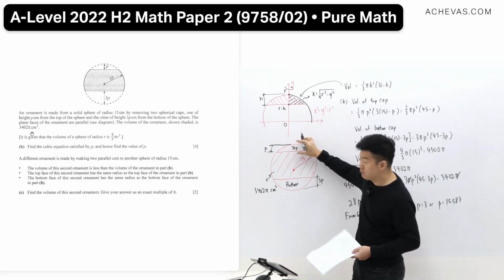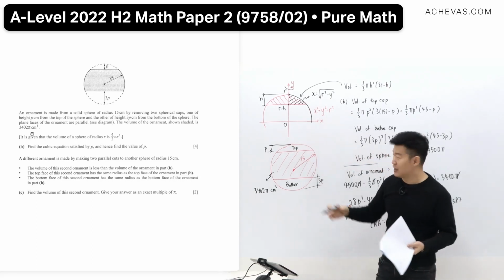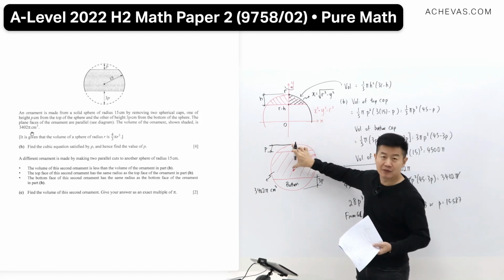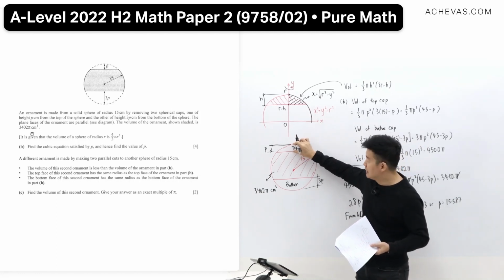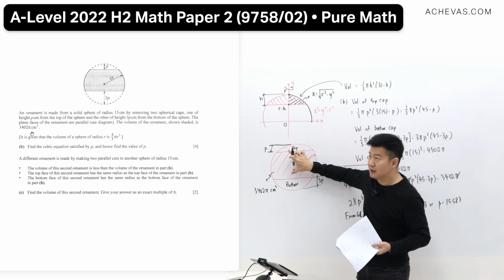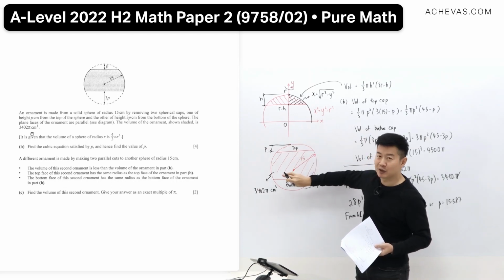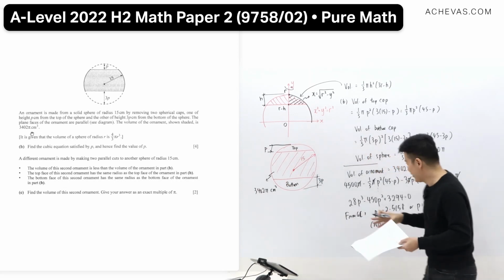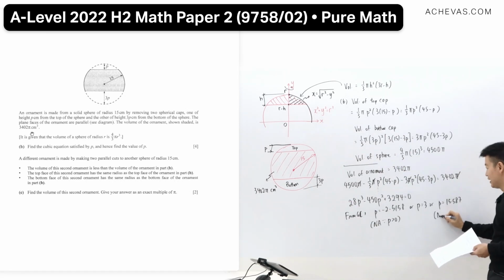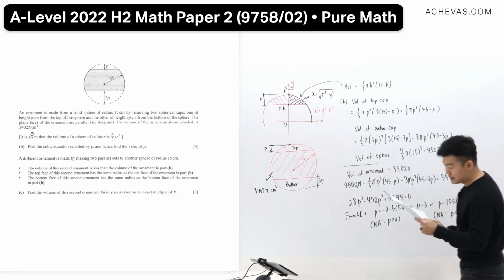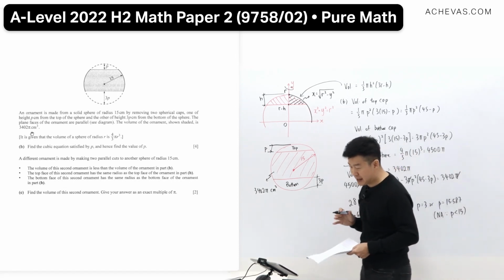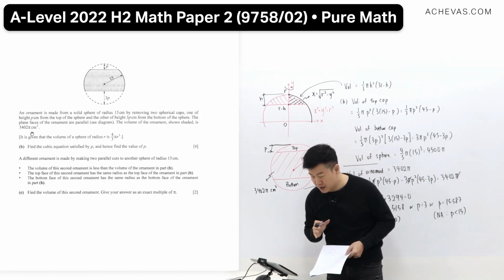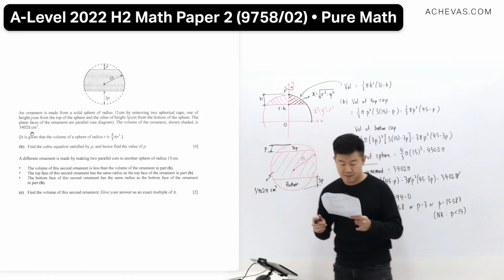So this p here, we cannot allow this p to be bigger than 15, right? If it is bigger than 15, this top cap will become like eating into the bottom portion of the cap. So we have to reject this, because we want to make sure that p is also a number that is less than 15. So p is equal to 3 is my selected value. That will be the answer for part B.